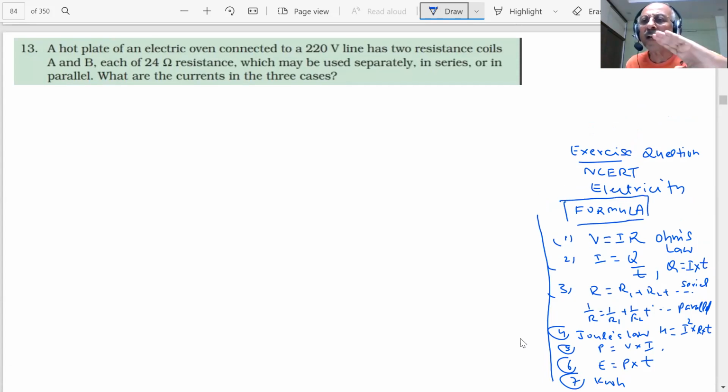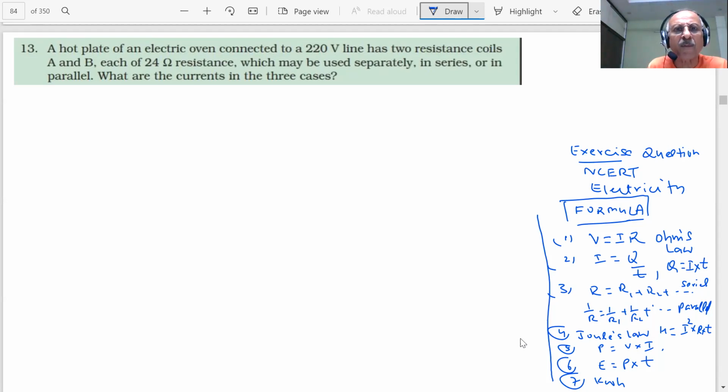Once we know them, we can directly use the formulas in the exam, and it will save our time. As we practice more and more questions, we learn and store these formulas in our brain and use them as and where required.